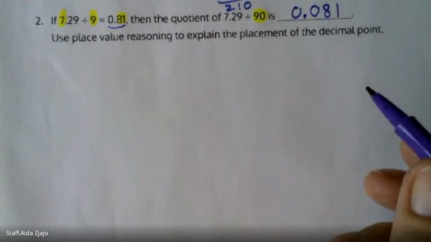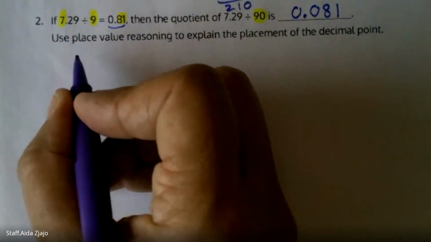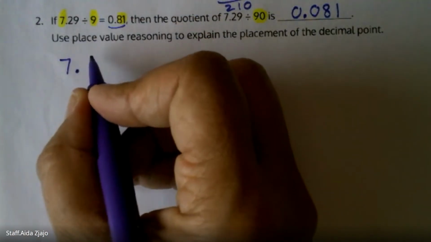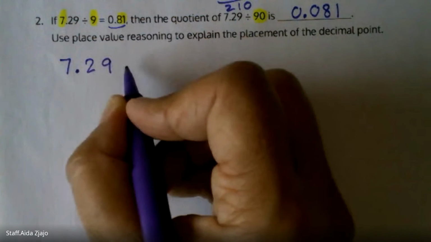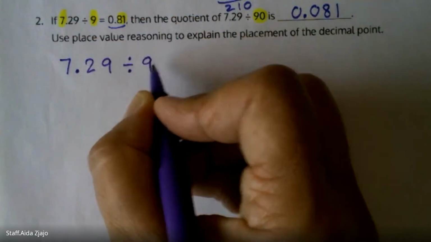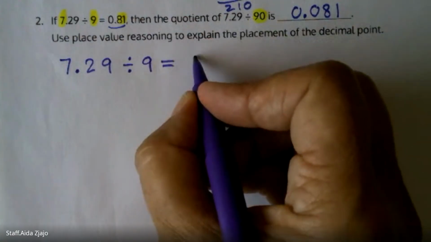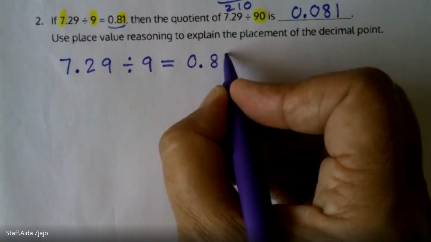So 7.29 divided by 9 is the same as 0.81.